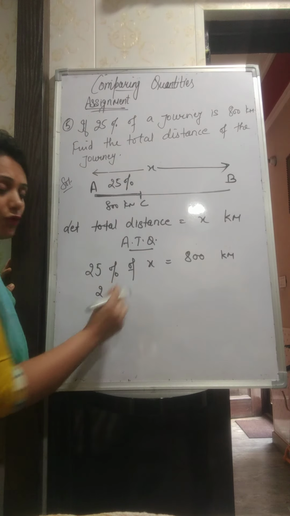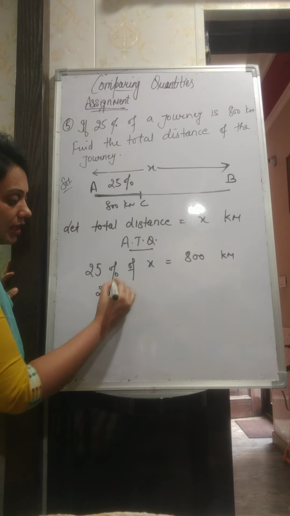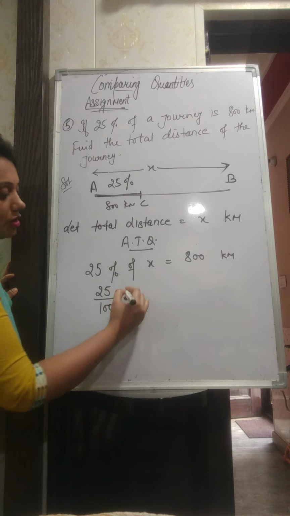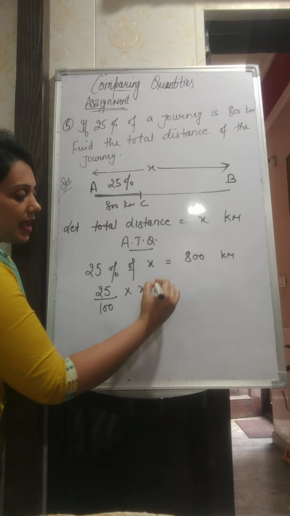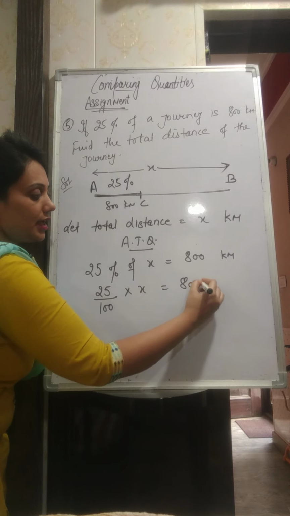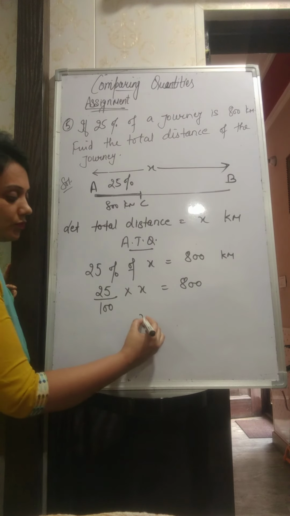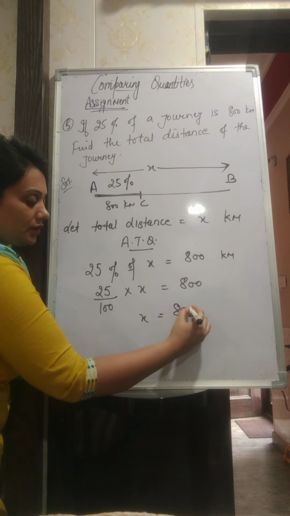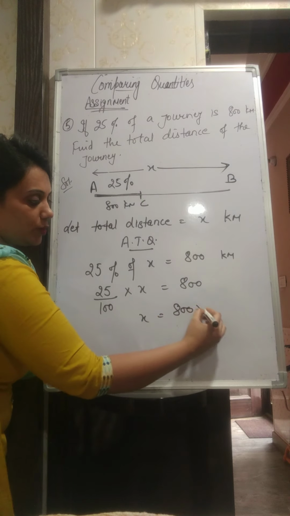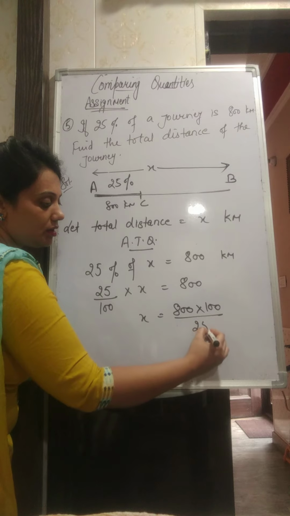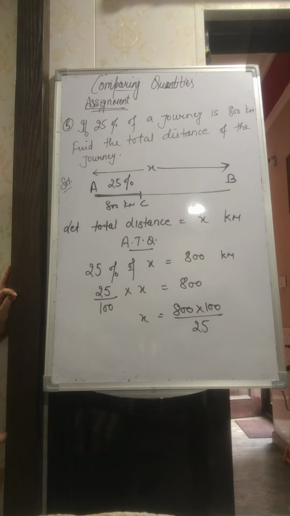So we will solve this. 25 percent sign we will remove, we will get 100 in the denominator, and of means multiply, so 25 by 100 multiply x is equal to 800. Now there is a multiply sign in between, so this 100 will go in the numerator on the right hand side and 25 will come in the denominator, right?